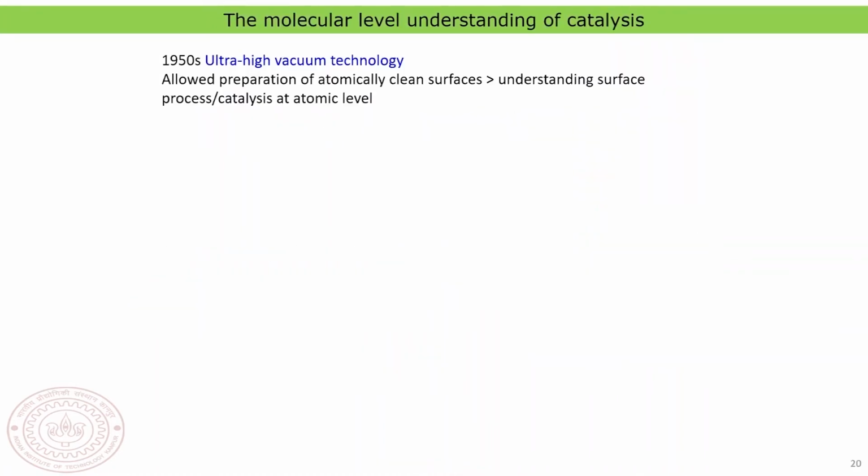Now, in the 1950s, there was a nice development of ultra-high vacuum technology, which we are going to look at in greater detail in the coming lectures. With the help of ultra-high vacuum technology, one could prepare atomically flat, clean surfaces. This was quite an important discovery in surface science, because it helped scientists understand the process of catalysis at the molecular level.